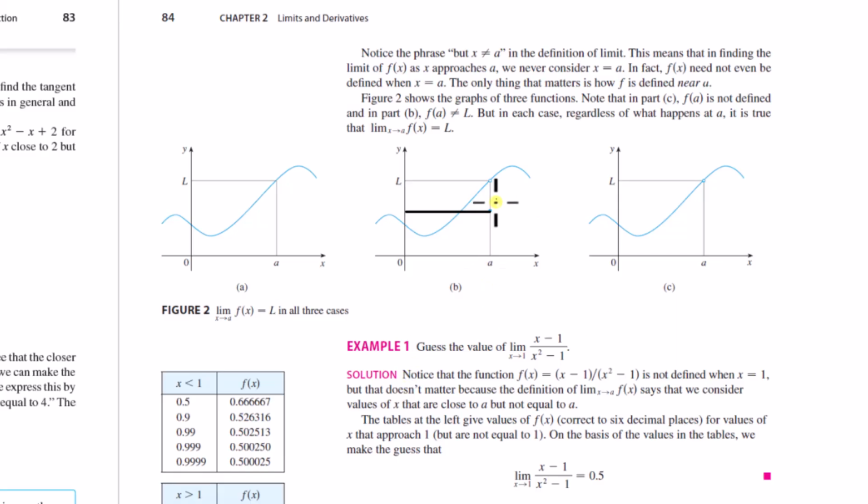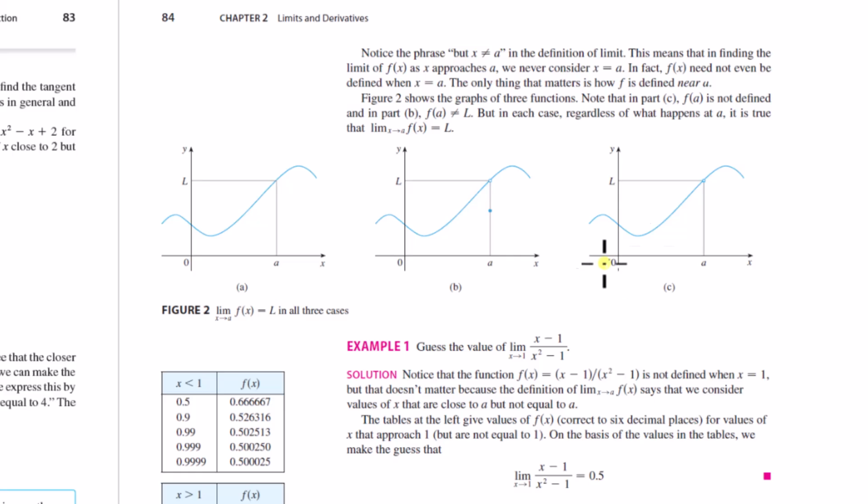We could put a leprechaun, a unicorn here at A. It doesn't mean anything, because who cares what's happening here? If we could put this into a huge calculator and plug in values extremely close to A from below and from above, we would be sandwiching the output value L. So that's the limit.